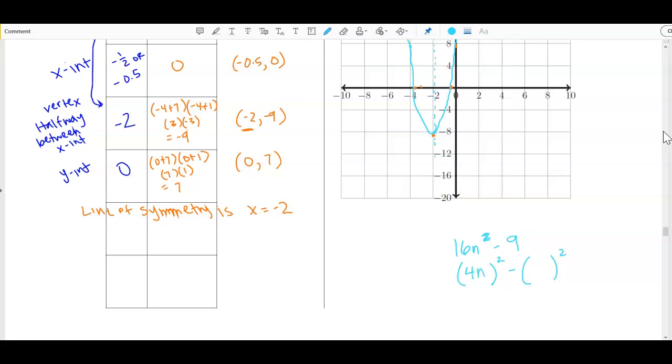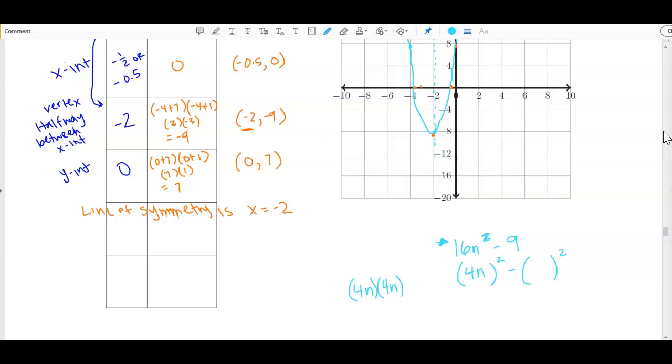Well, just 4n inside there, right? All squared. Do you see why it's 4n this way? Because I'm trying to think what times itself. So if I did 4n times 4n, that gives me what I started with, that 16n squared. Okay. Do you see what I mean?